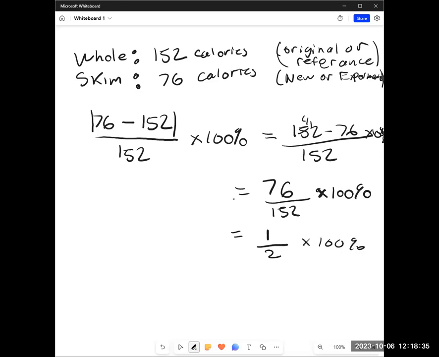We know that 1/2 can be written as a decimal, 0.5 or 0.50 times 100%, and there was a 50% decrease because there's half as many calories in the skim milk as there are in the whole milk.